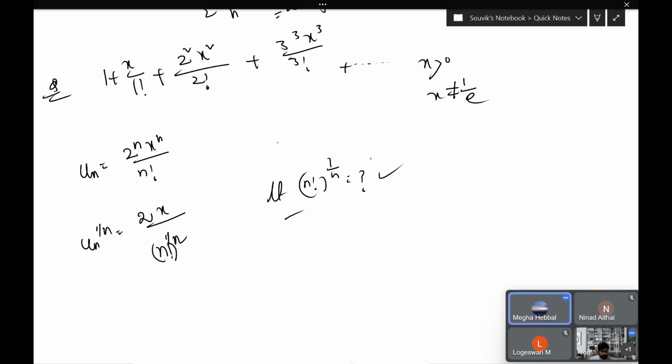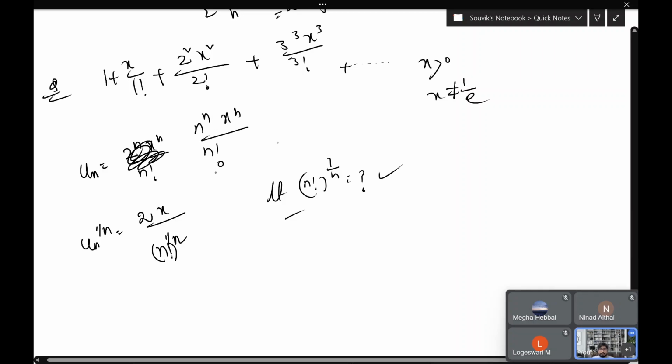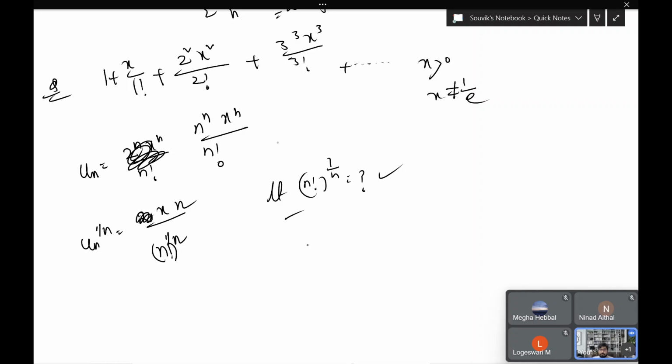But the nth term, how is it 2 power n? Yeah, sorry, that's my mistake. It is n power n times x to the power n, over n factorial. Right. So the point is how to get the limiting value of this.